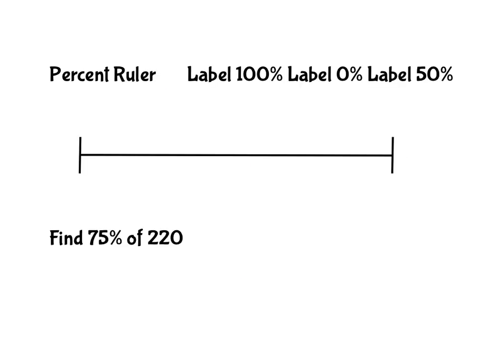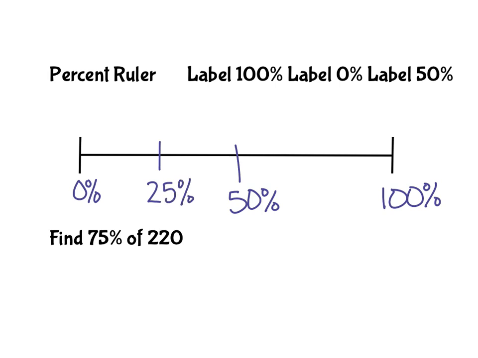All right, here's a little bit bigger one. So we need to think about how to make 75%, because we need 75% of 220. So my brain automatically goes to using a 50% and a 25%, because 50 and 25 equals 75. So let's try that. 220 is our total.